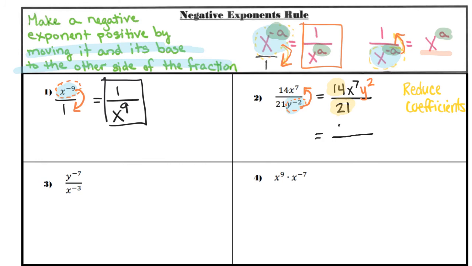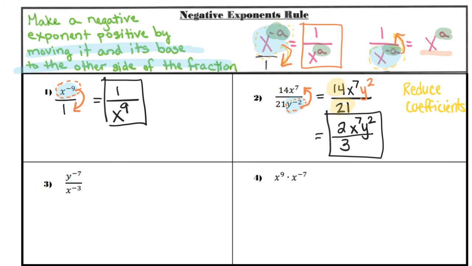And this time it's going to be a 2 over 3, because remember I'm dividing both the 14 and the 21 by 7. And then I have this x to the 7th and the y to the 2nd power on top in the numerator. All right, looking good. Final answer. So we have two more examples. Let's hop over to example 3 and check it out.